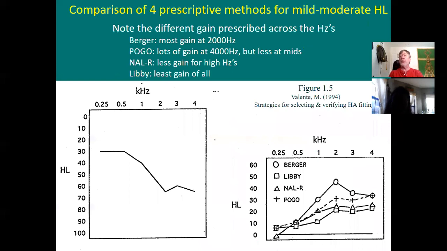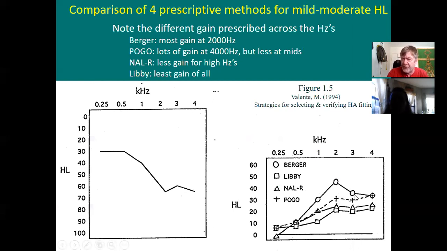So look at NAL, where we can end for today. Here's a sloping hearing loss. Look at the four different targets for that particular hearing loss. They're all based on half gain rule, but look at the variations among them. Berger, the most at 2,000 hertz. Libby, less in the mids, but still lots of high frequency gain.